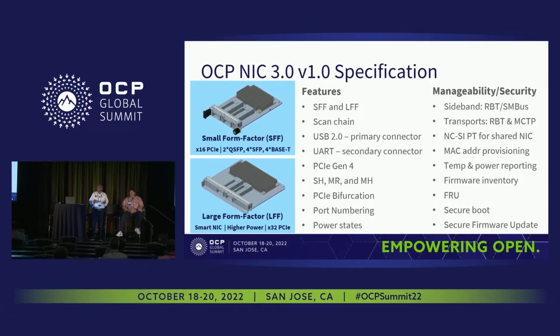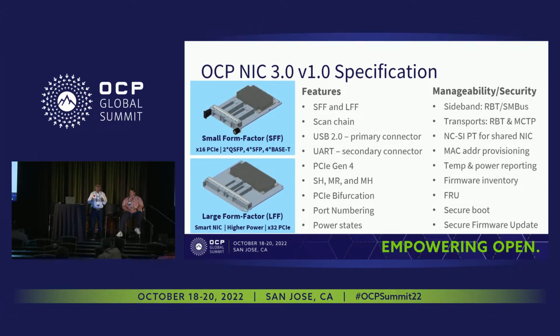The primary connector had USB 2. This kind of interface we can leverage down the road also for a sideband interface. And then UART was for the secondary connector. And then 1.0 focused on PCIe Gen 4, and you will see for small form factor x16 and for large form factor x32. So it allows you to have up to Gen 4 x16 or Gen 4 x32 devices.